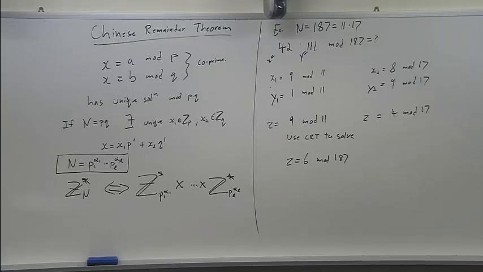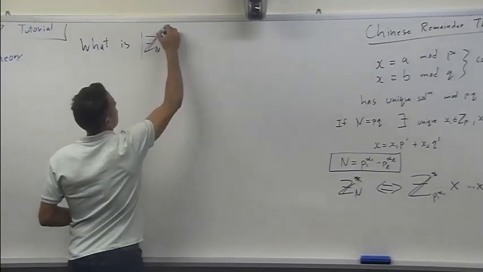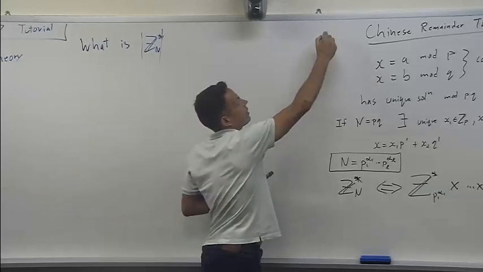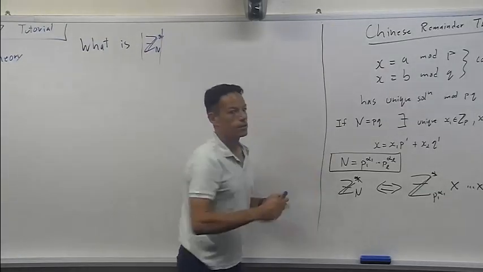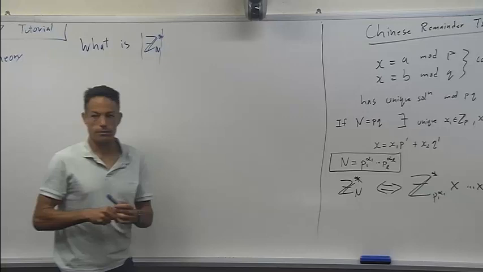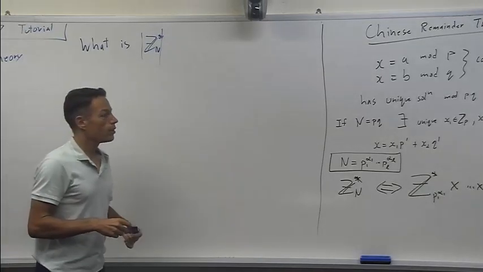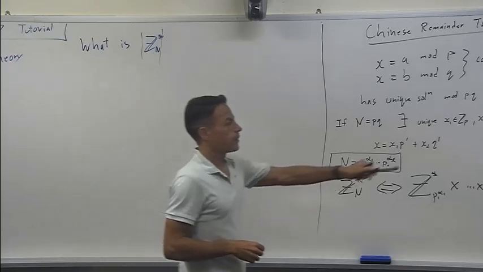Yeah. All right. So let's ask a different important question. What is the size or order of Zn star for arbitrary n? Does anyone know the answer to this one? So let's go back to our definition.